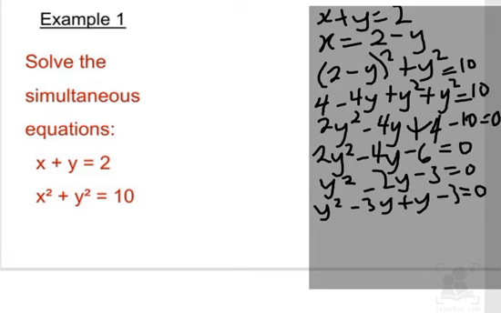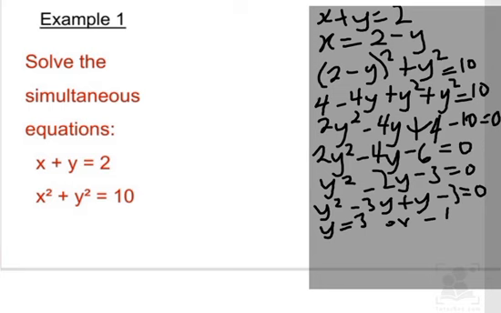From what I have here, the values of y will be equal to 3 or minus 1, because you must have gone through the knowledge of factorization method in solving quadratic equations. So we can clearly see that the values of y in this quadratic equation are 3 and minus 1.